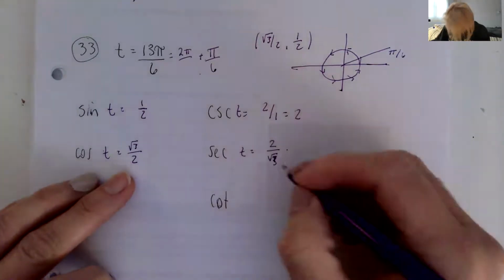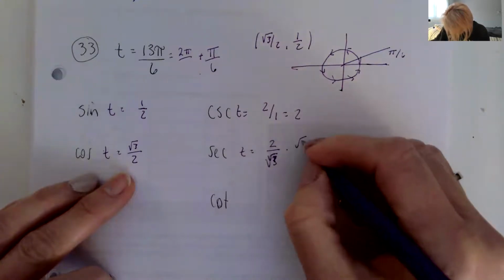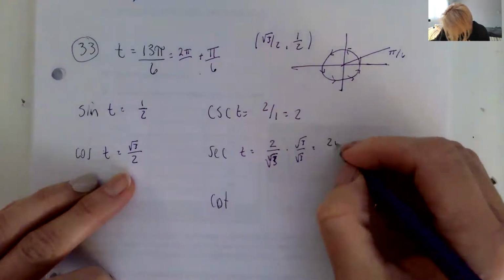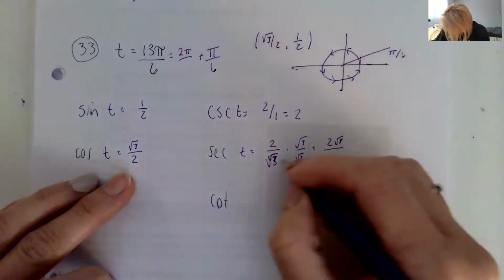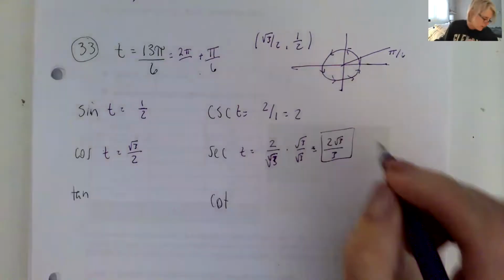When we rationalize that, meaning we don't want a square root in the bottom, we multiply by the square root of 3 over 3. So this becomes 2 square root of 3 over 3, because the square root of 9 is 3.